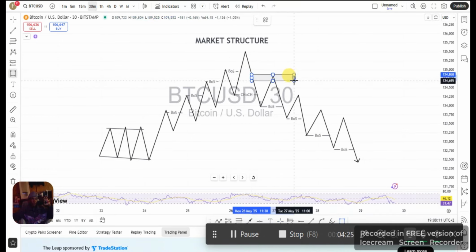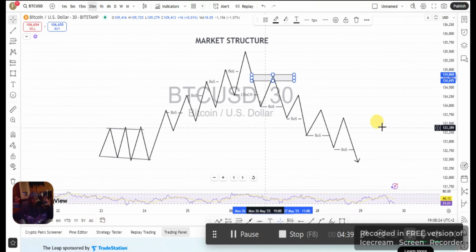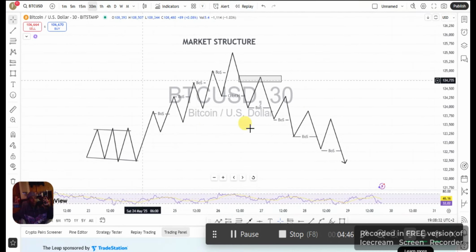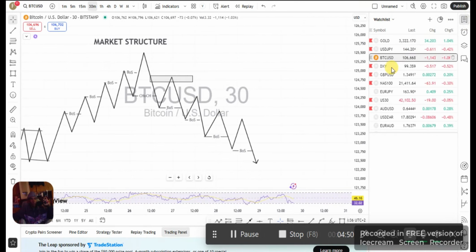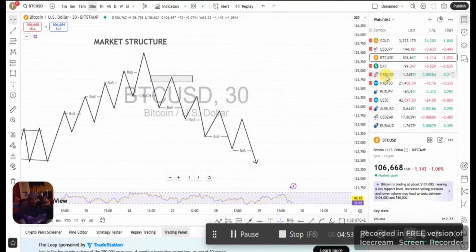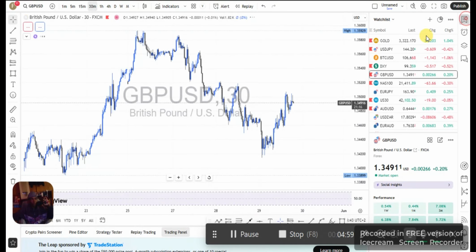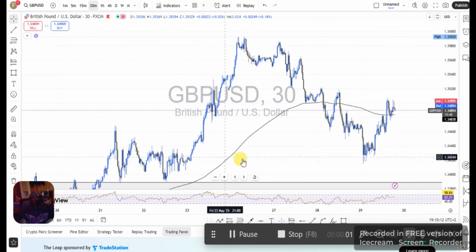Every time the market changes direction, it's off an order block or a fair value gap or anything that can affect the markets, right? So I'm just gonna go through live examples. I'll go on GBP USD, for example.